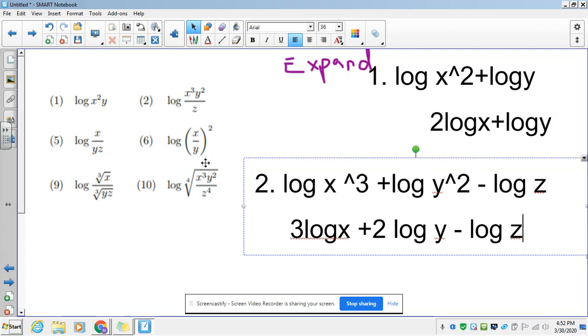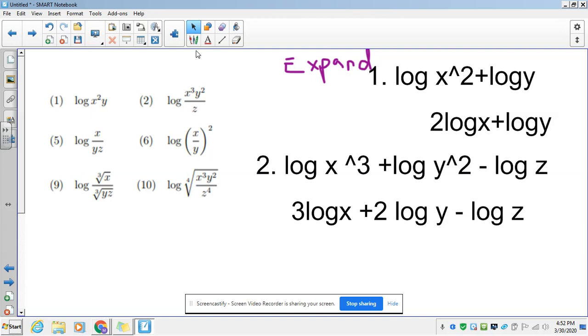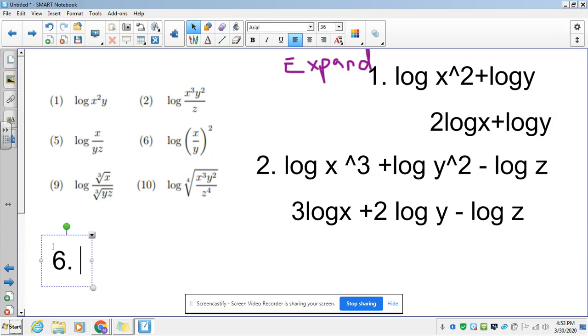All right, I'm going to skip down to, for sake of moving around, I am going to do 6, and then hopefully we can fit 10 because 10 looks really complicated. All right, so for 6, notice the power is kind of on everything. So the difference here is I'm going to start with that power, and I'm going to move it out in front, and I'm just going to use parentheses.